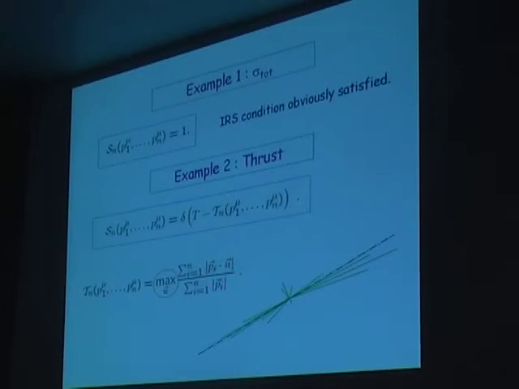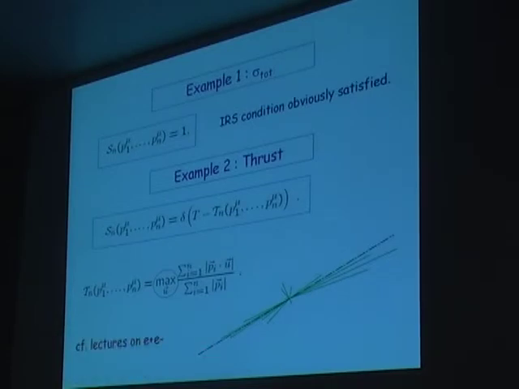So this is like a fractional magnitude, like a cosine angle kind of thing. Then you maximize this quantity by letting this unit vector go in different directions. And this quantity is infrared safe.